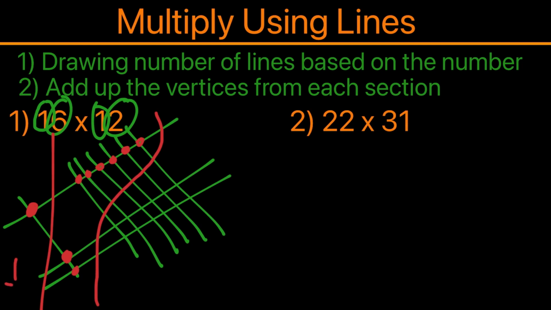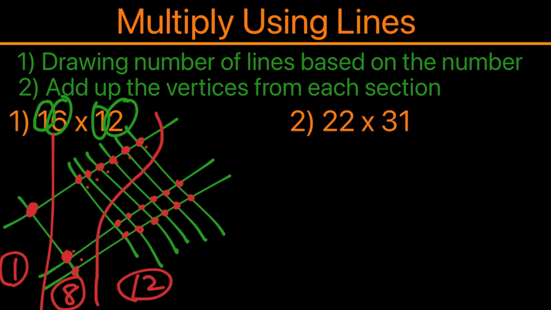So we have 1 here, and then 1, 2, 3, 4, 5, 6, 7, 8. So that's 8. And then the third section, we have 1, 2, 3, 4, 5, 6, 7, 8, 9, 10, 11, 12. So we have 12 here.